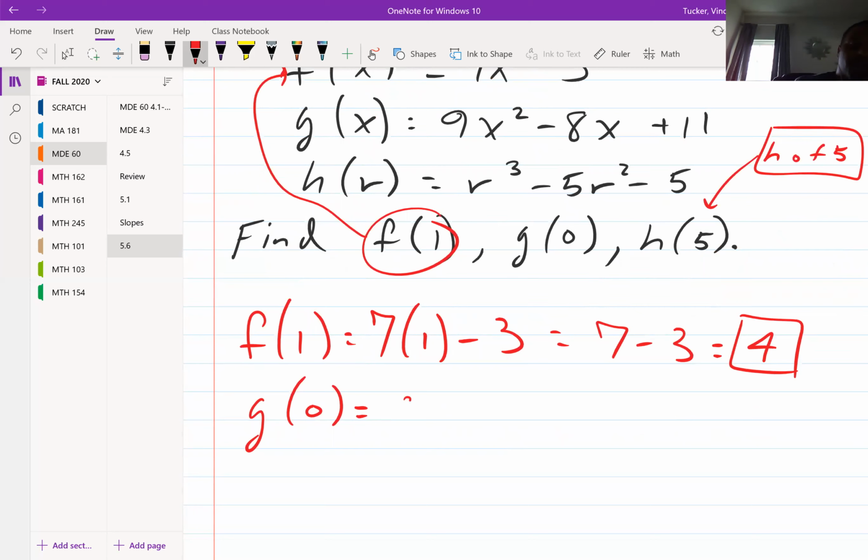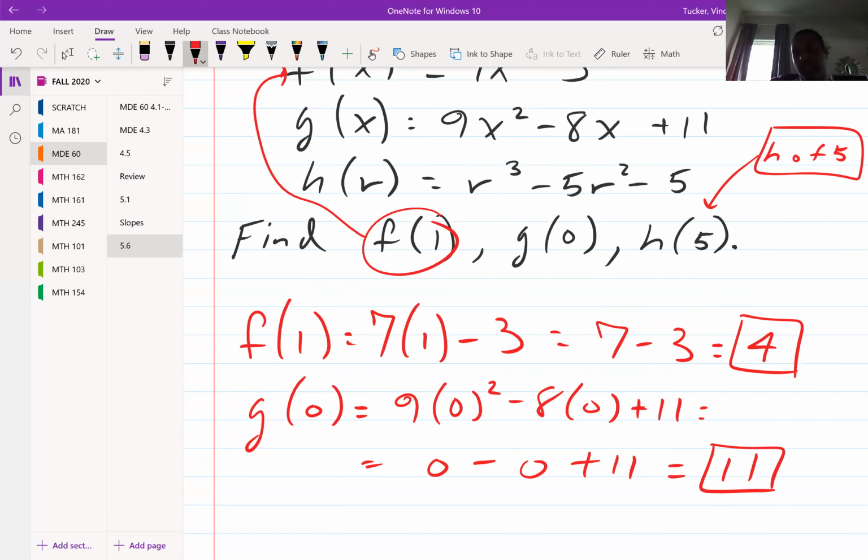Plugging in 0 into my g of x function: 0 squared is 0, 9 times 0 is 0, 8 times 0 is 0, plus 11, so our result is 11.